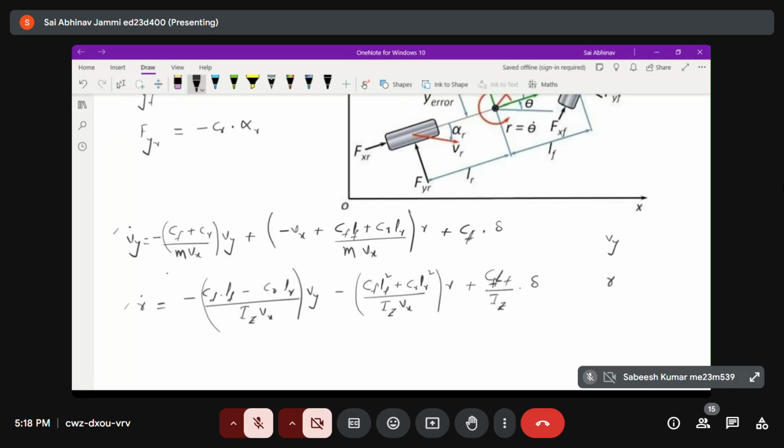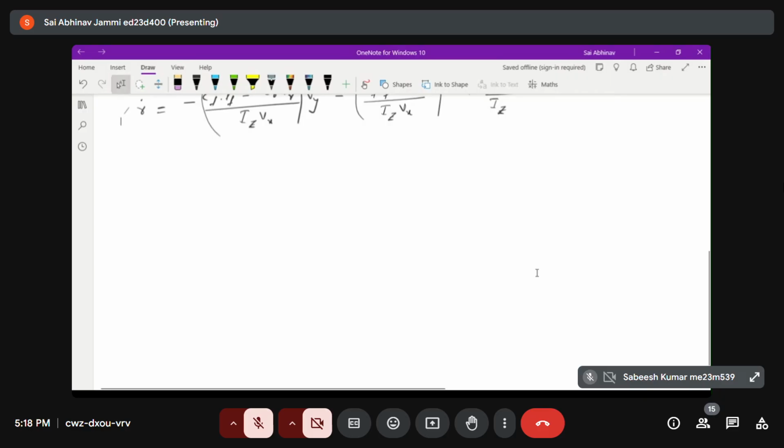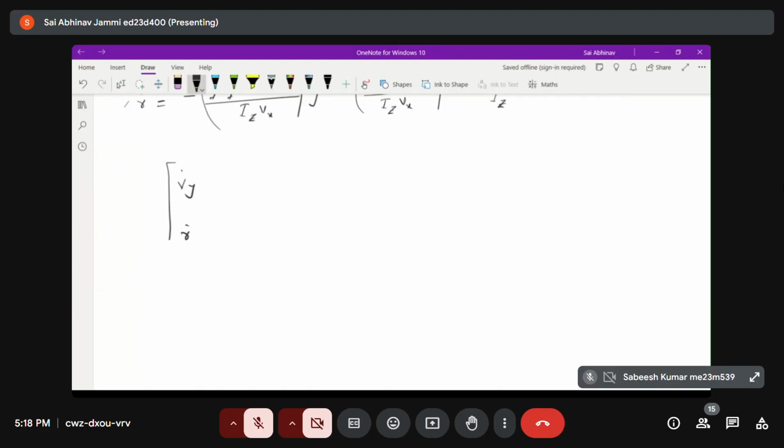So now I can directly write the state space representation. So that will be equals to.